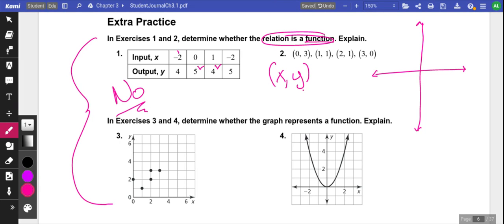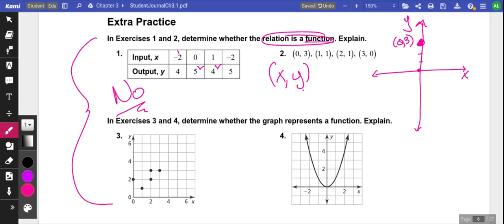X comes before Y. So right here, this 0, 3, we know this is our X and this is our Y. That would be 0 here on X, and then 1, 2, 3. This would be 0, 3 on the graph.